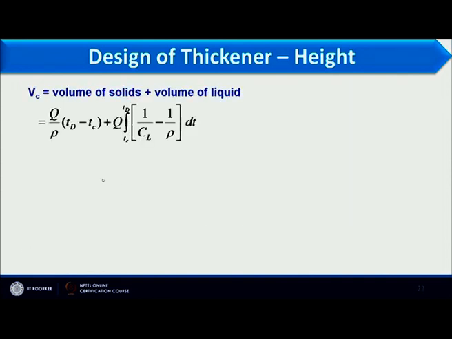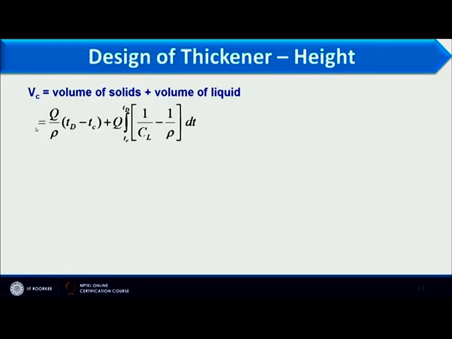The volume of the solid is Q by rho times Td minus Tc, which is the total time from critical to final concentration achieved, and Q is the total feed, because all solids have entered the compression zone. Therefore, we have considered total Q by rho, which is the volume of the solid, multiplied with time, because Q contains the time factor also, plus Q integration Tc to Td of 1 by Cl minus 1 by rho into dt.